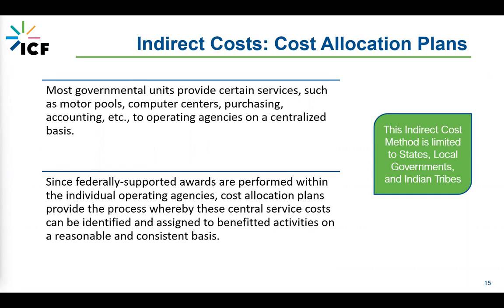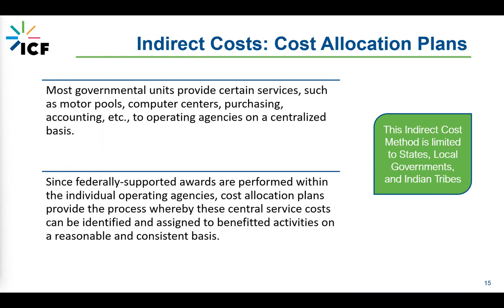A cost allocation plan is a document that identifies and explains the distribution of allowable direct and indirect costs and declares the allocation methods used for distribution. All costs and data used to distribute costs should be supported by formal accounting and other records.